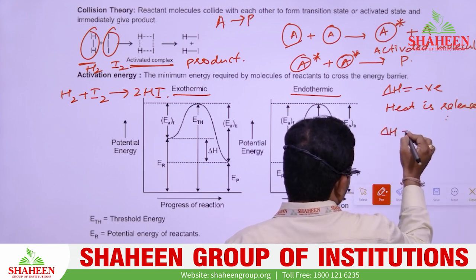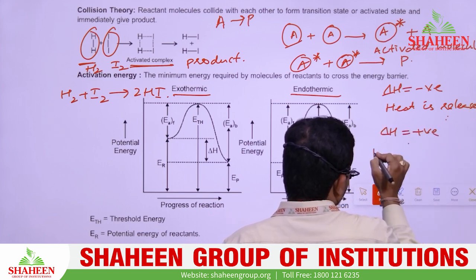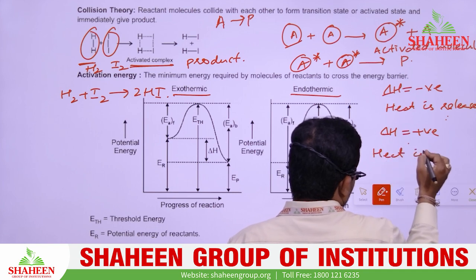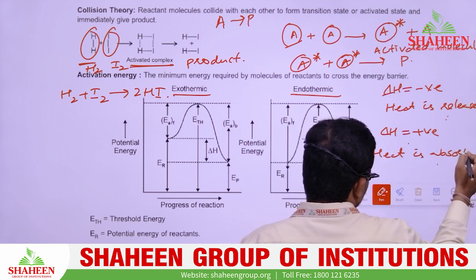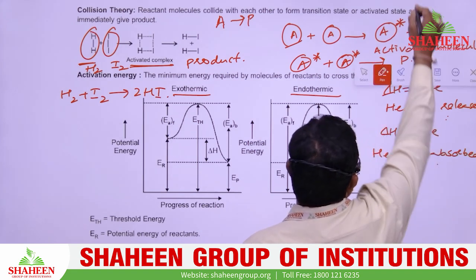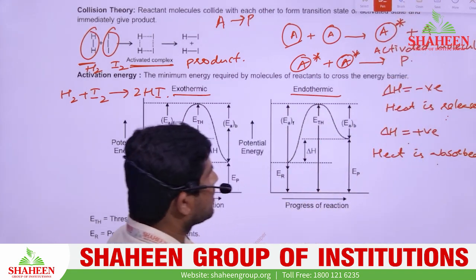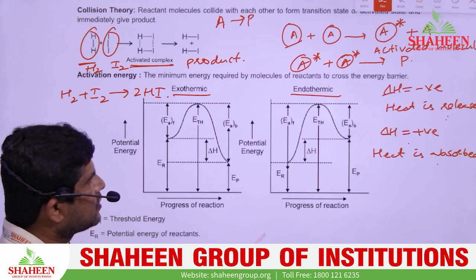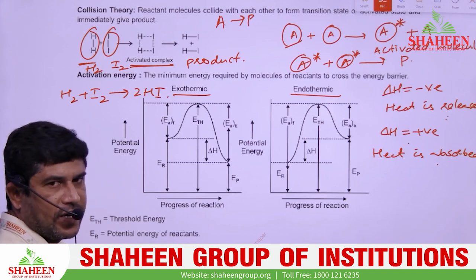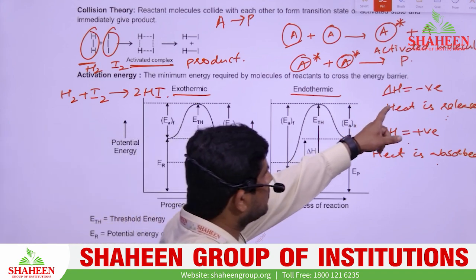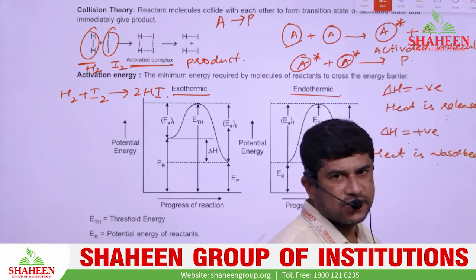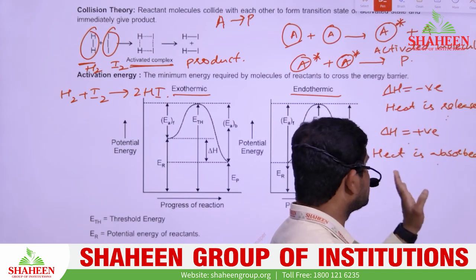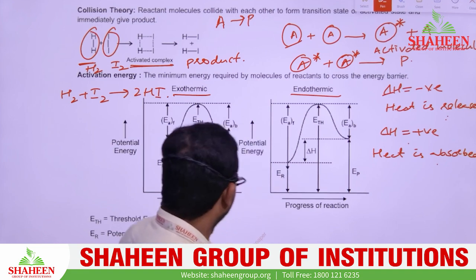Endothermic reaction means heat is absorbed in the reaction. So delta H is equal to what? Negative for exothermic, positive for endothermic. Delta H negative means heat is released in the reaction. Delta H positive means heat is absorbed in the reaction.